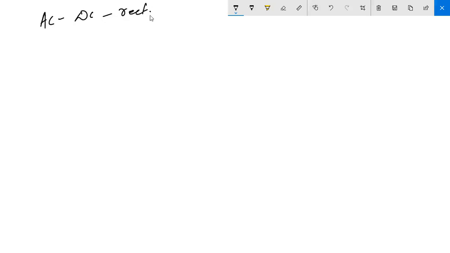First the application part: why are we concerned with AC to DC conversion? First is the control of DC motors. To control the speed regulation and the torque of a DC motor, we need rectifiers. As the AC supply is available, if you convert it, that gives speed control or torque control of the DC motor.